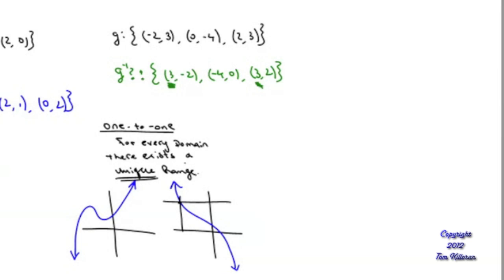But if I draw this horizontal line, it's saying, well, this x has this y, this x has this y, and this x over here has this y, and all those y's are exactly the same. So this one is not one-to-one by the horizontal line test.